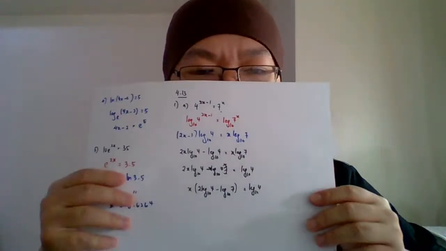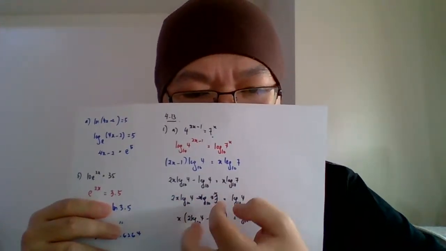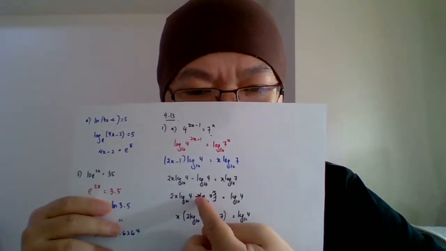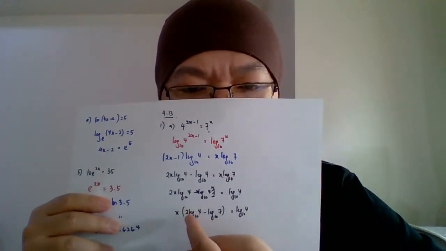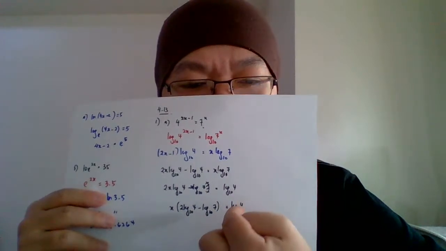After I regroup, x here and this x are repeated, so I can factorize it. It becomes x bracket 2 log 10 of 4 minus log 10 of 7 equals log 10 of 4.